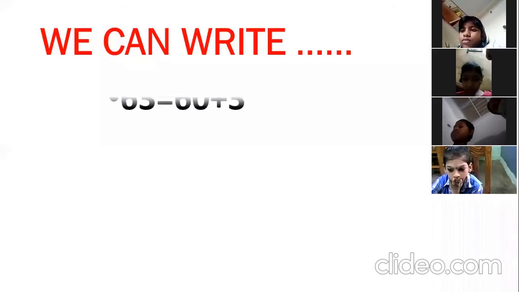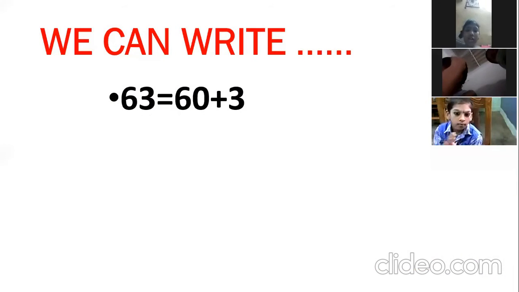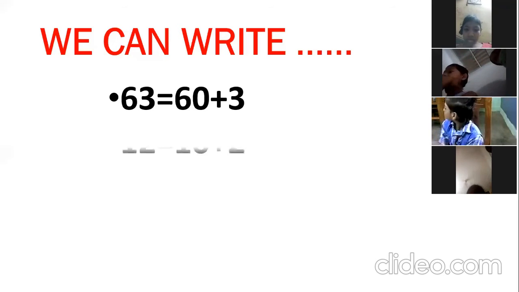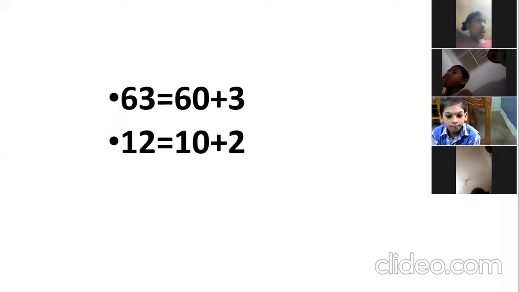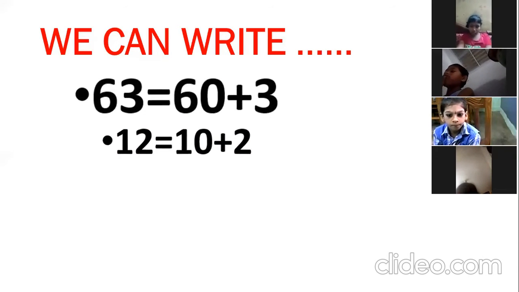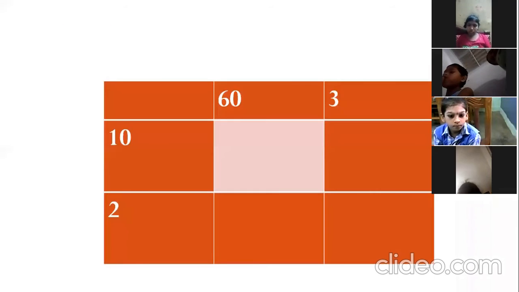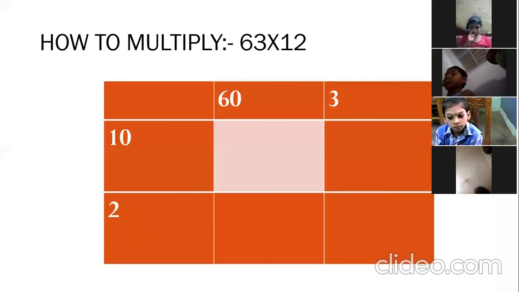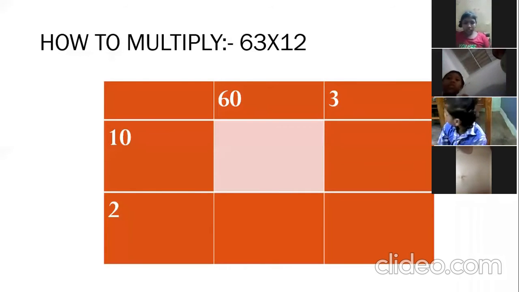How to write: 63 means 60 plus 3, 12 means 10 plus 2. After that, the table. Okay, start doing. Get the value. Do it. 63 into 12.